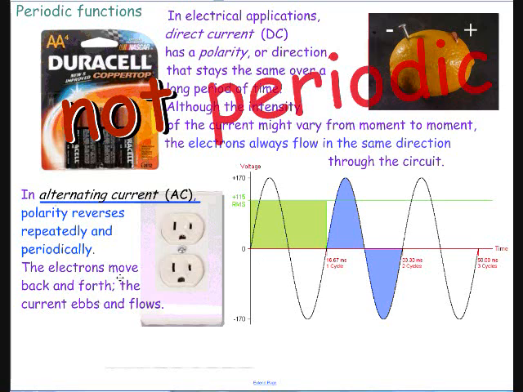The electrons move back and forth. The current ebbs and flows. But our devices see, they're not bothered by that fluctuation. They see what is a fairly constant voltage for them.